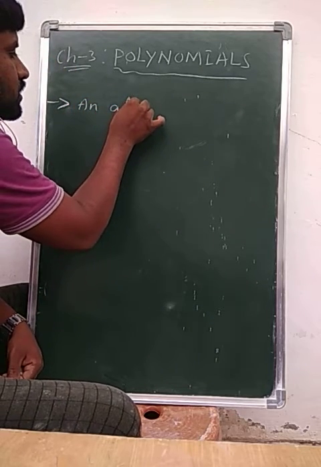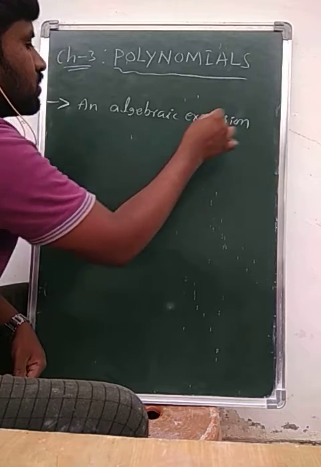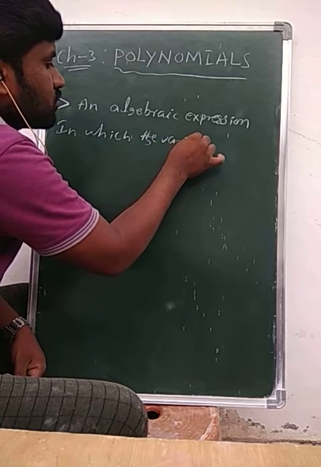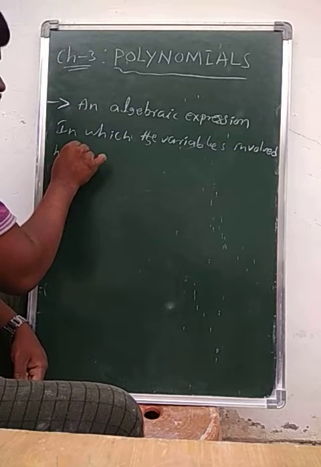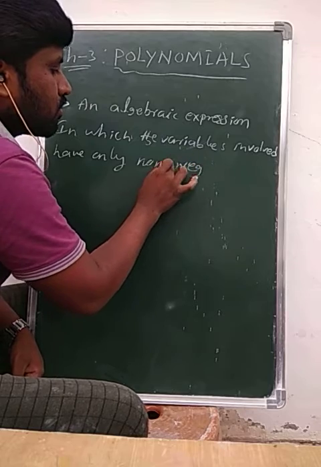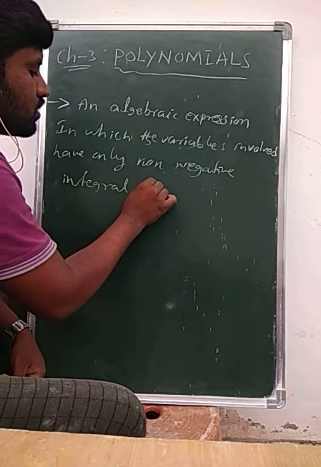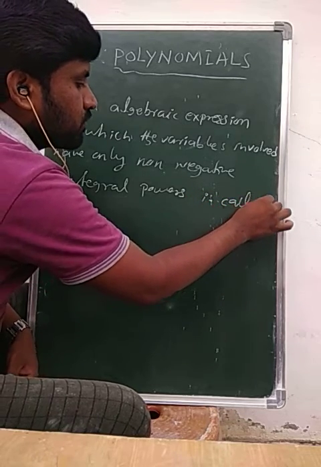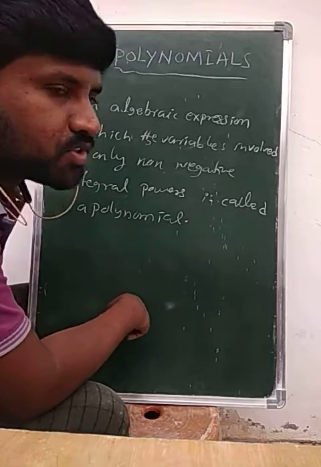An algebraic expression in which the variables involved have only non-negative integral powers is called a polynomial. Okay, so this is the definition of a polynomial.